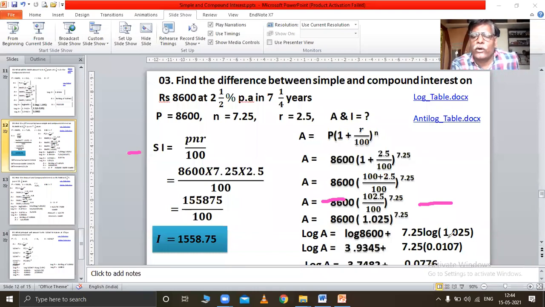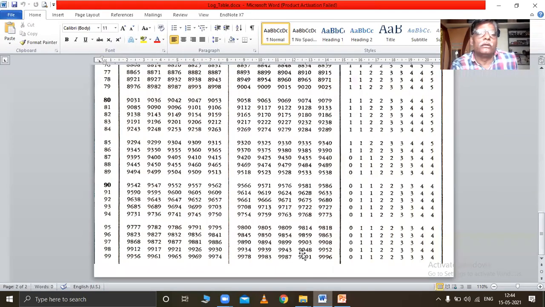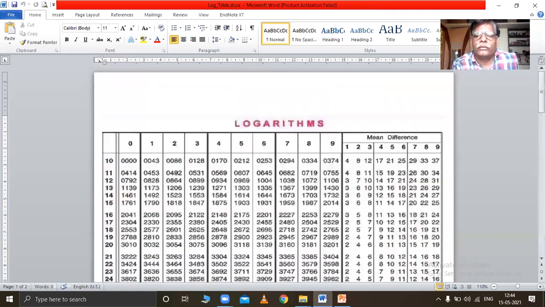In this case, you forget the decimal point. Think that there is no decimal point. Then 10 is the first number, 2 is the next number, and 5 is the next number. You have to see 10, 2, 5 in the logarithm table.